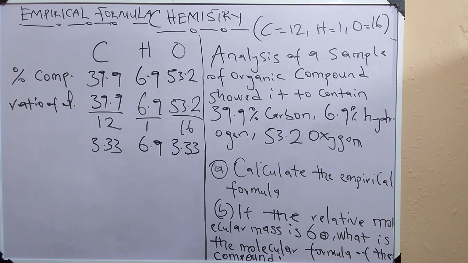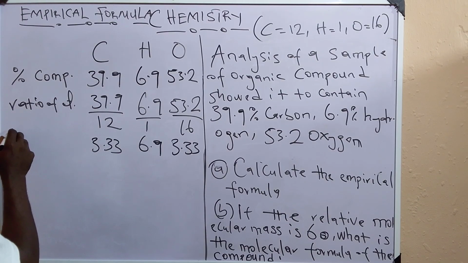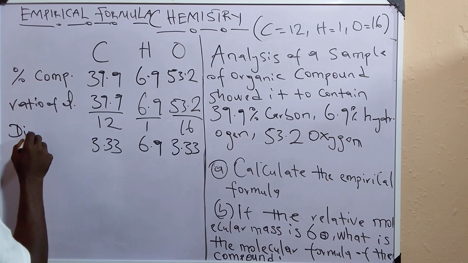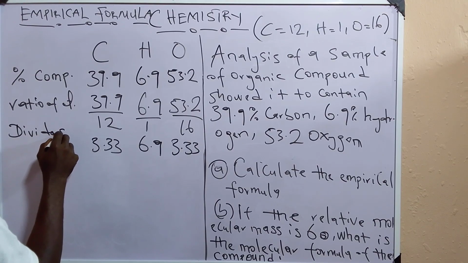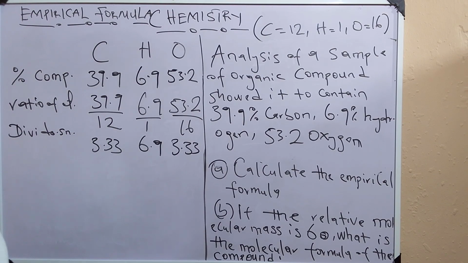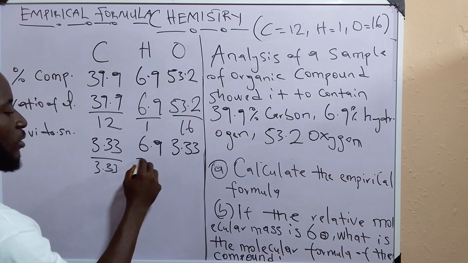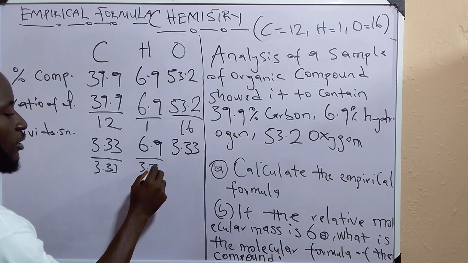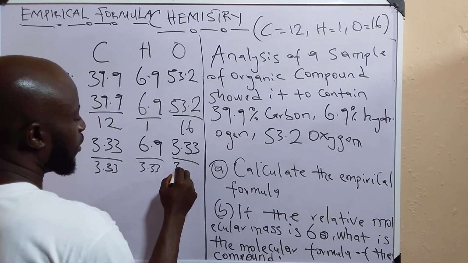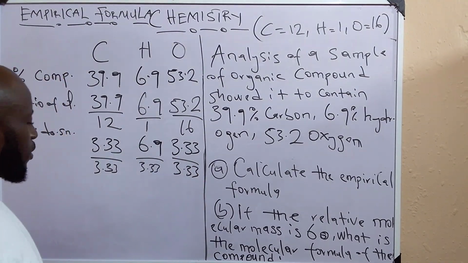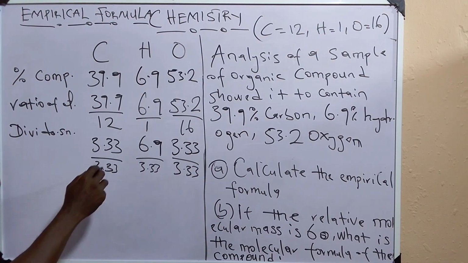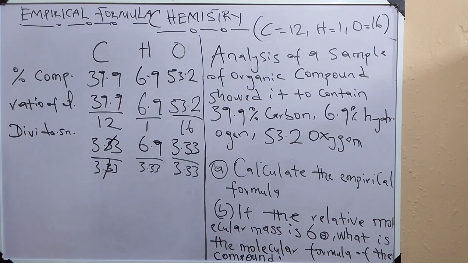From here, you divide by the smallest number. The smallest number here is 3.33. Divide here by 3.33, you also divide here by 3.33, and divide here also by 3.33. Are we together? 3.33 will cancel 3.33.